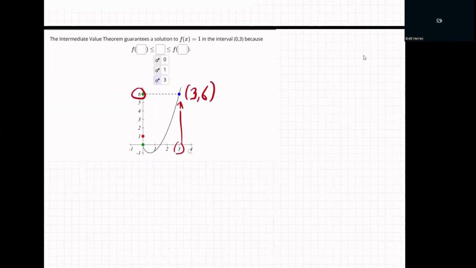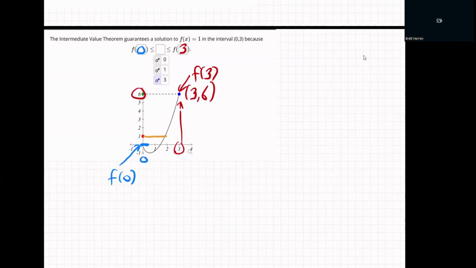Now we get to the final picture. And so now what do they want us to say? They basically want us to see that f of 0, this point right here, is the height of the point at x equals 0. And the one on the right is f of 3, because it's the height at 3.